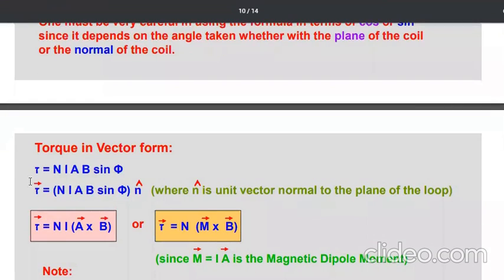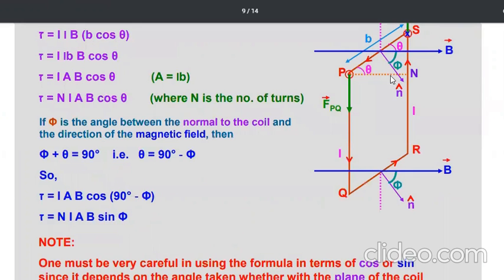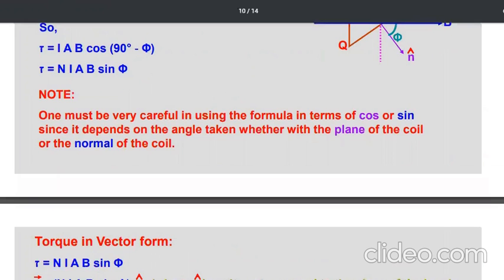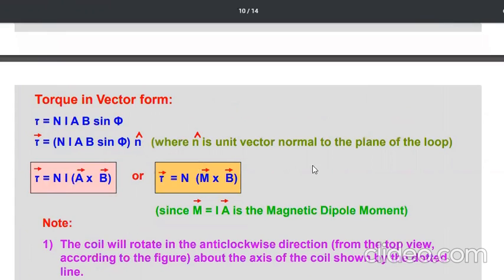So try to understand here. Tau equal to NIAB sin phi, it is well known. So in vector form, NIAB sin phi into n cap, where n cap is the unit vector perpendicular to the plane of the coil, the unit vector normal to the plane of the loop.